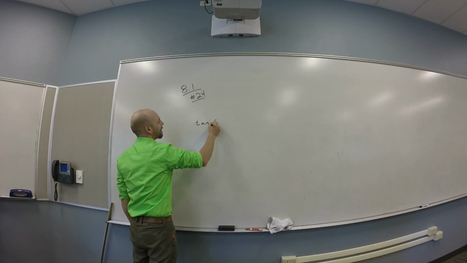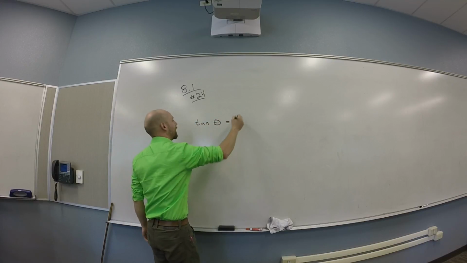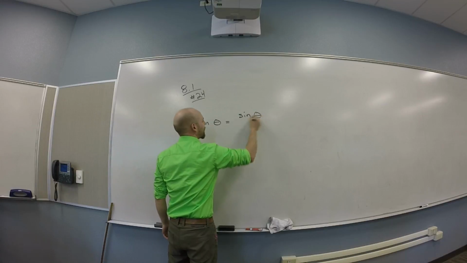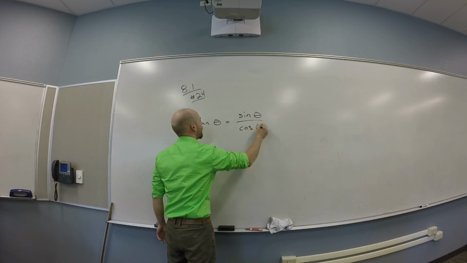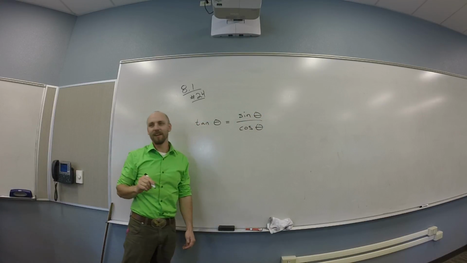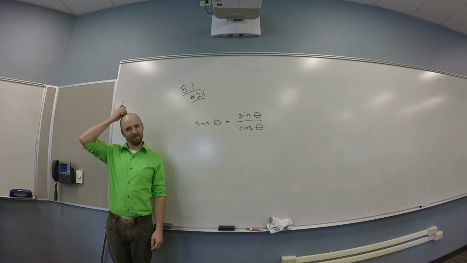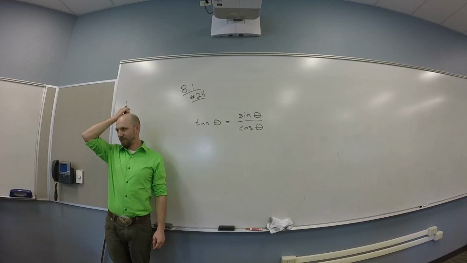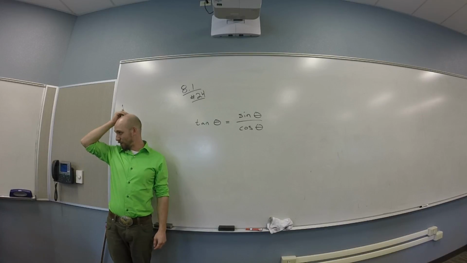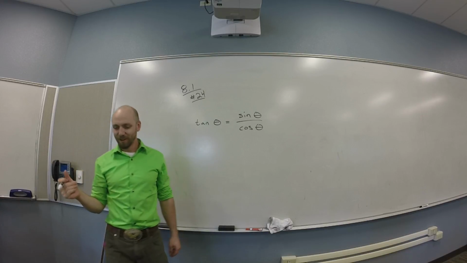So we want to use the, what did they ask? They tell us tangent of theta is sine of theta over cosine theta. And they want us to figure this out using the ratios of sides. Is that maybe the problem? Okay.